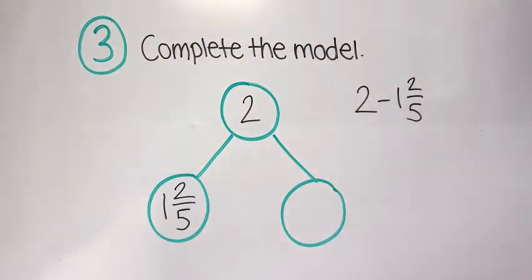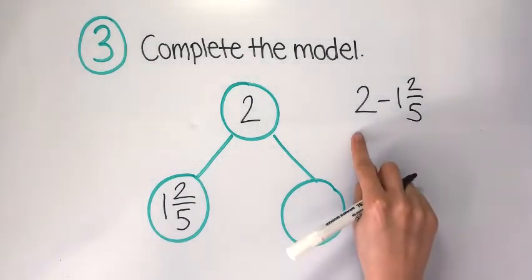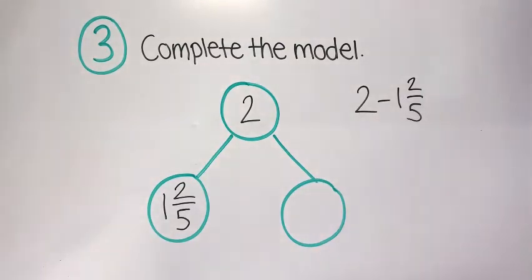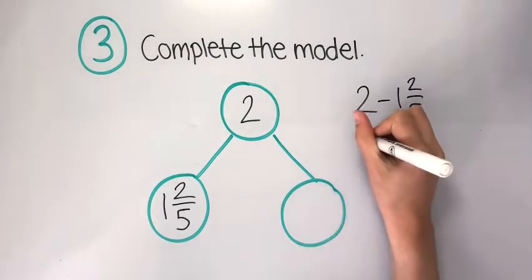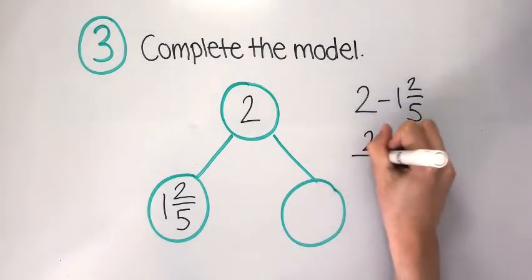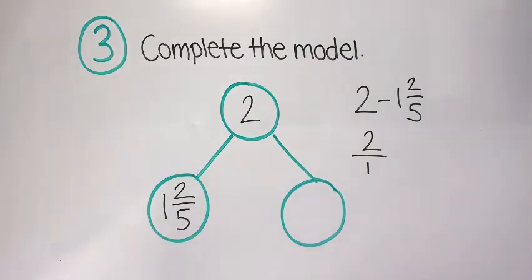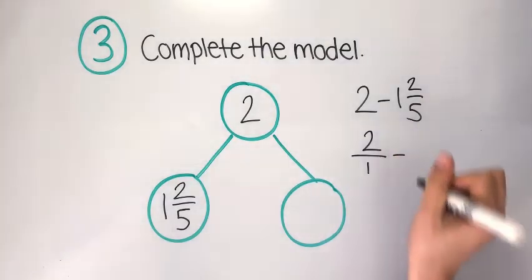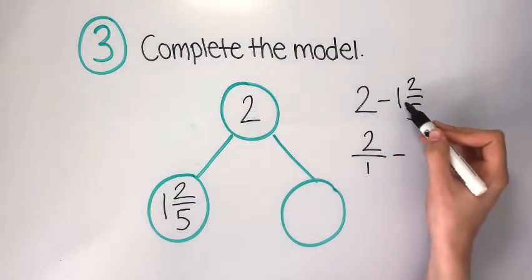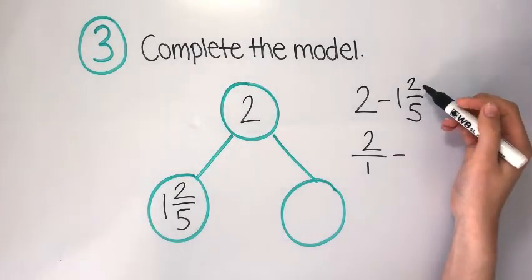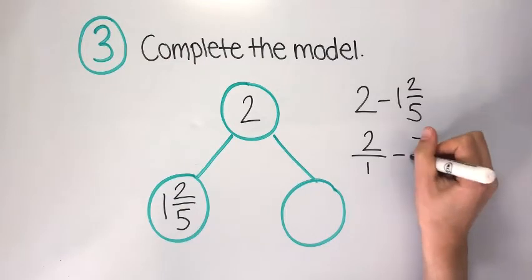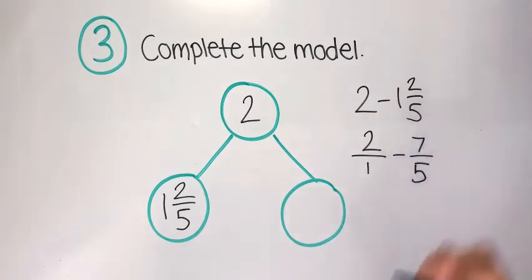But we can't do that, so we are going to convert 2 and 1 2/5 into fractions. 2, that's just 2 over 1, minus 1 times by 5 is 5, plus 2 gives us 7. 7 over 5.